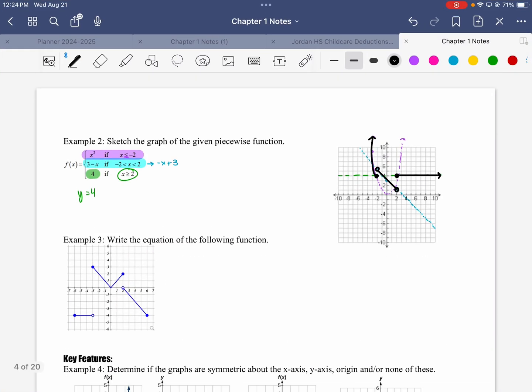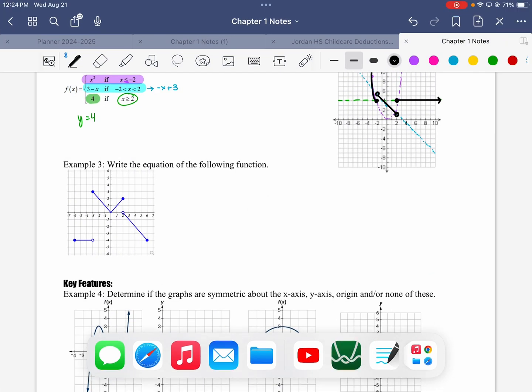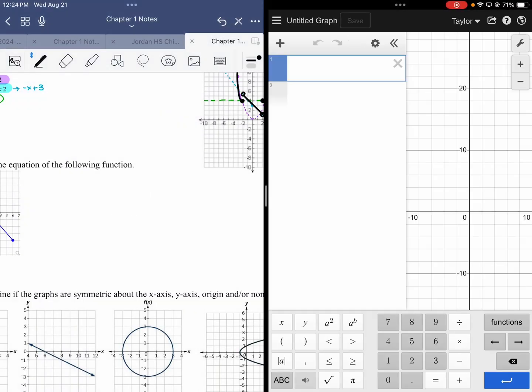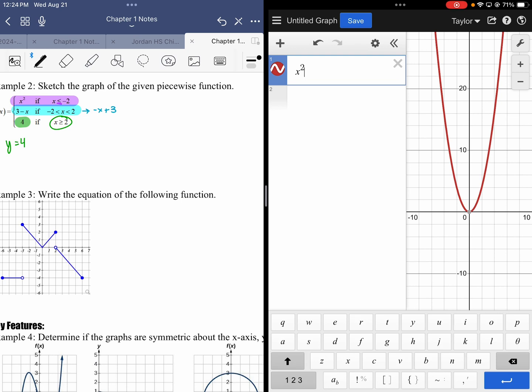How many of you actually know how to put a piecewise function into Desmos? Did you know you can put a piecewise function into Desmos? So x squared, and then it's, ooh, I don't remember how to get to the brackets here.